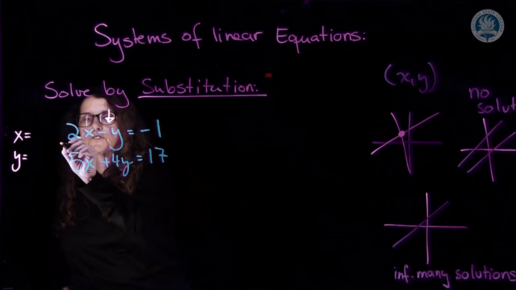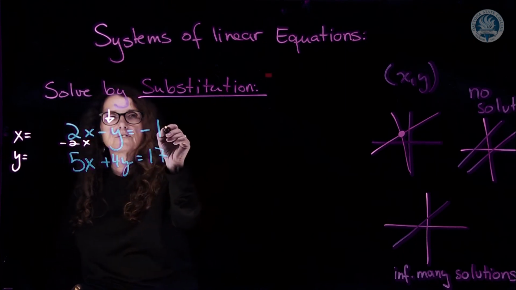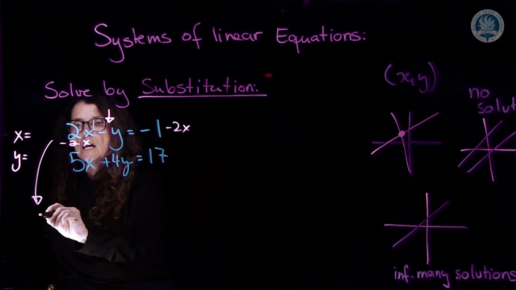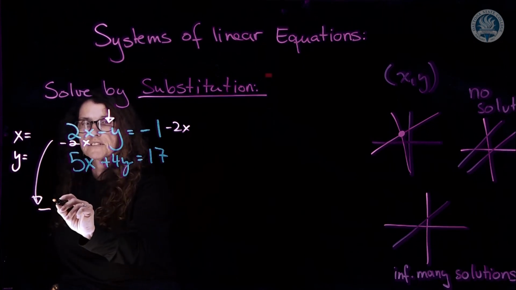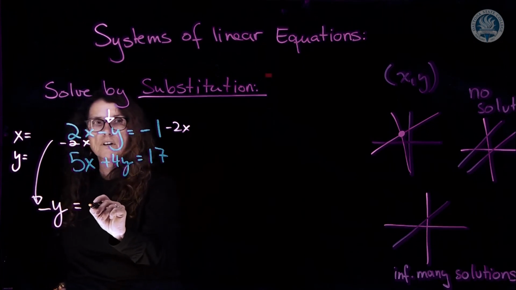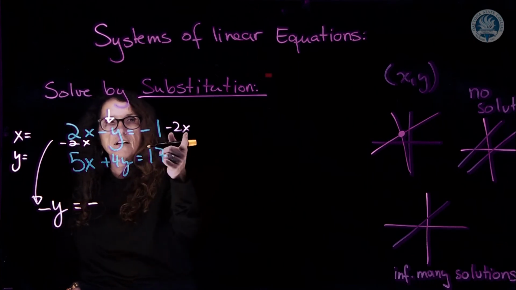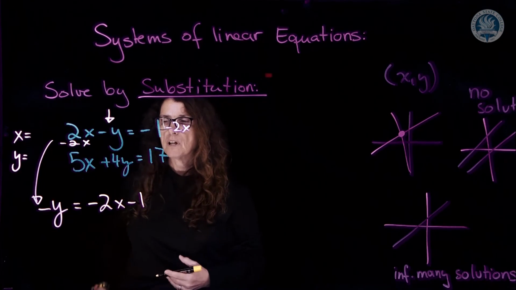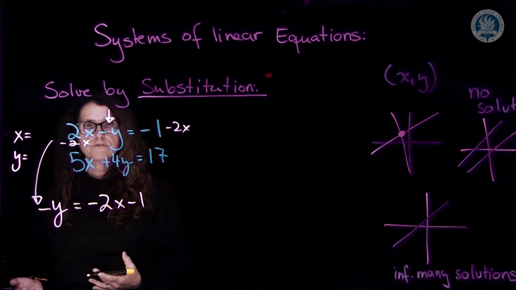That means the first step is to subtract 2x from both sides. Let me continue down here. Be careful, this one says negative y. Negative y equals, let me write the x term first, negative 2x minus 1. Am I interested in negative y?